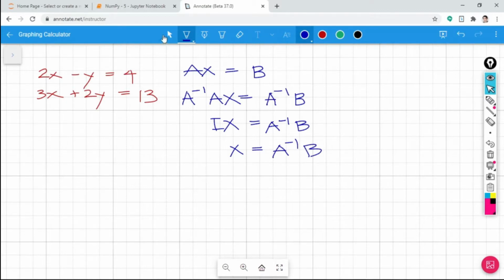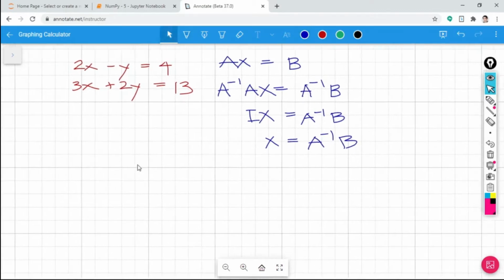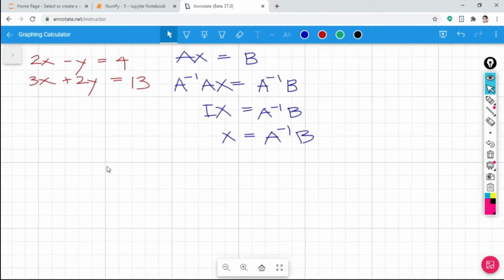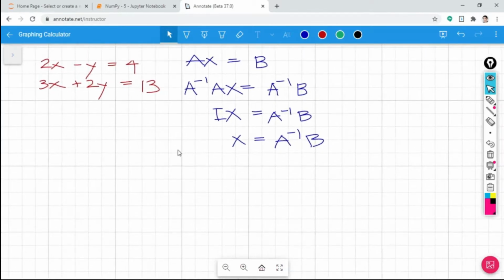What's the first step? Let me just adjust my screen. The first step here is to take the specific values and convert them to matrix form. If I write this in matrix form, this will be 2, minus 1, then 3, 2.